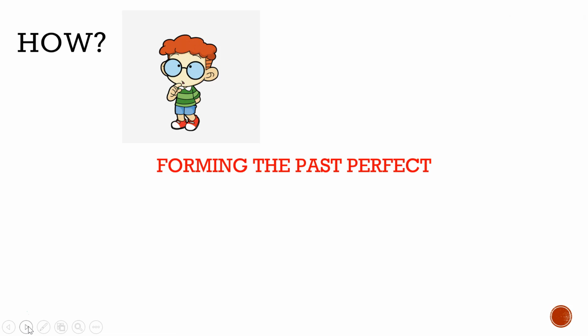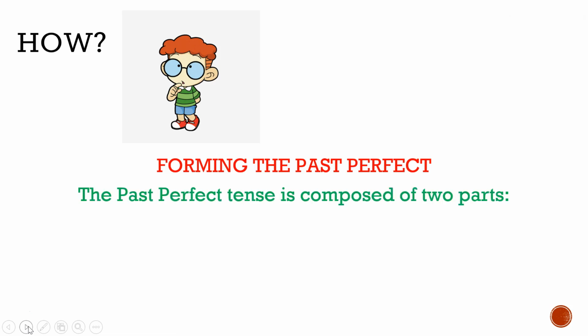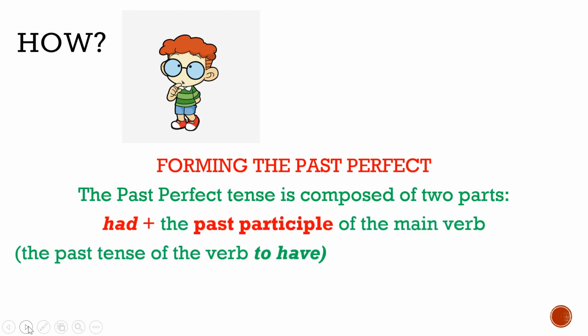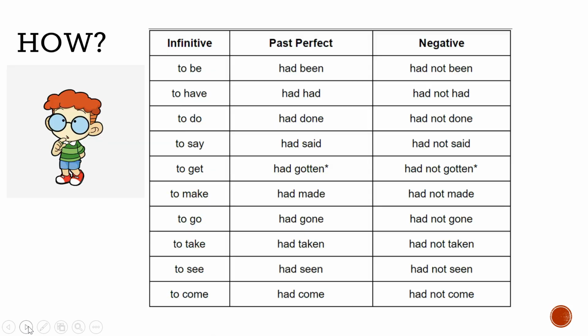So how do you form the past perfect tense? Now that's quite simple. The past perfect tense is composed of two parts: had, which is the past tense of the verb to have, and the past participle of the main verb. Now, let's look at the example over here.